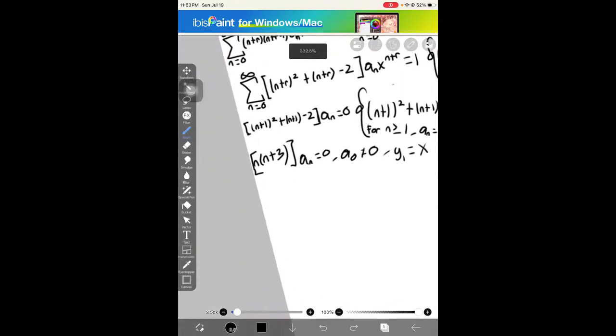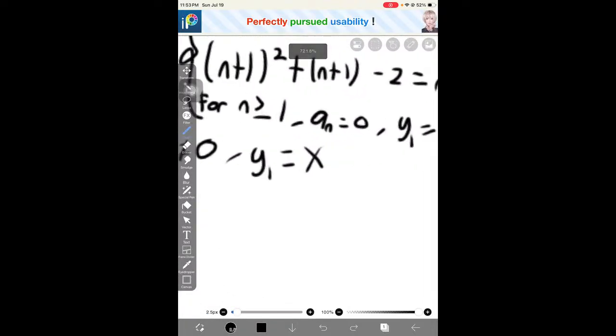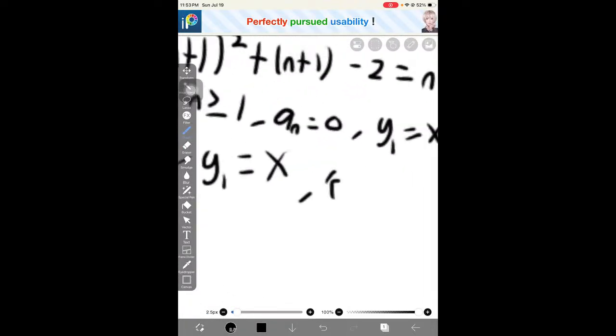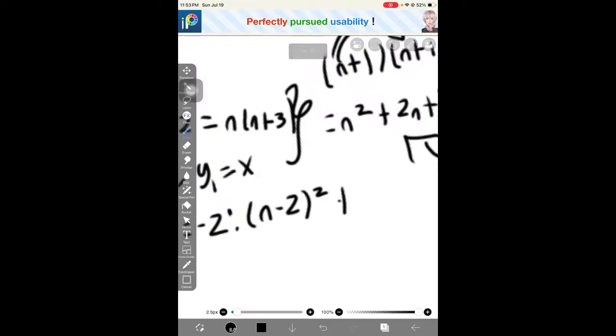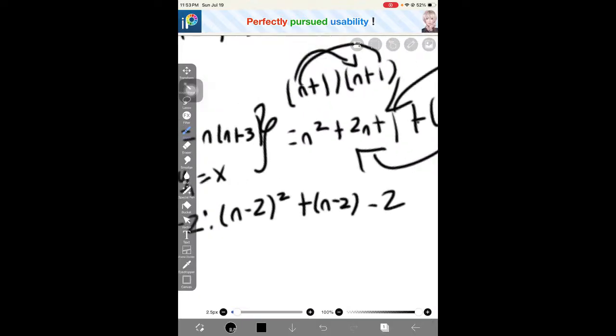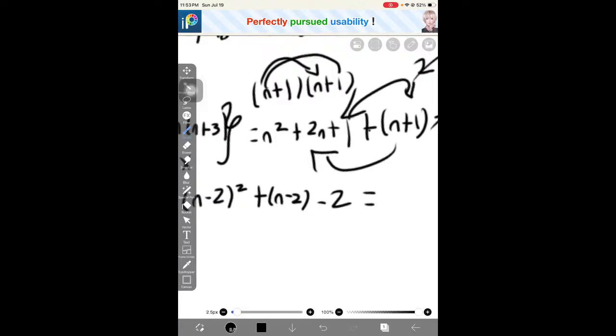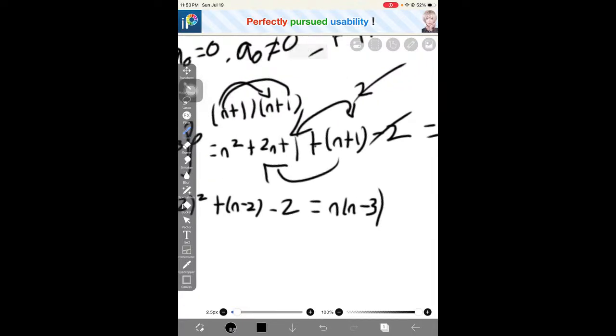Okay, so now I'm going to take r equals negative 2. Now the next case is using r equals negative 2. So similarly, we can just substitute into our recurrence relationship, and that's going to give us n times n minus 3.